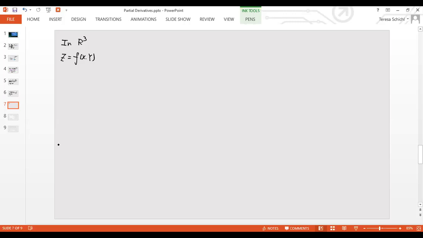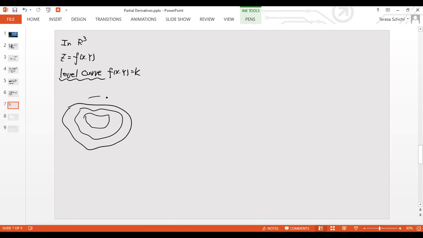And then for the level curve, the level curve is f of x, y equal to k. Remember, we talked about this being the contour plot, right? So this is the contour plot.